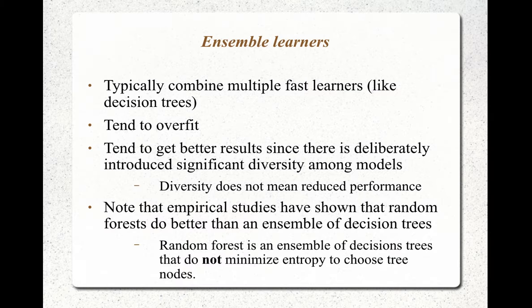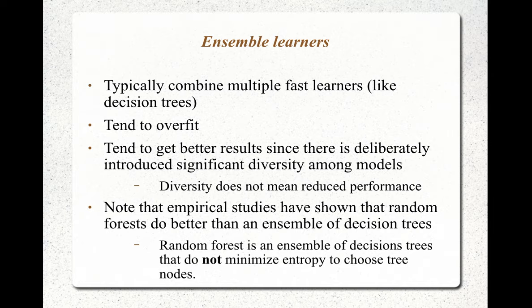Before that, typically ensemble learning combines multiple learners, like maybe different algorithms such as a decision tree, a naive classifier, or something else. It tends to overfit very quickly because you are typically training it for too long, and when the models are put together on a small data set, they tend to overfit very quickly.